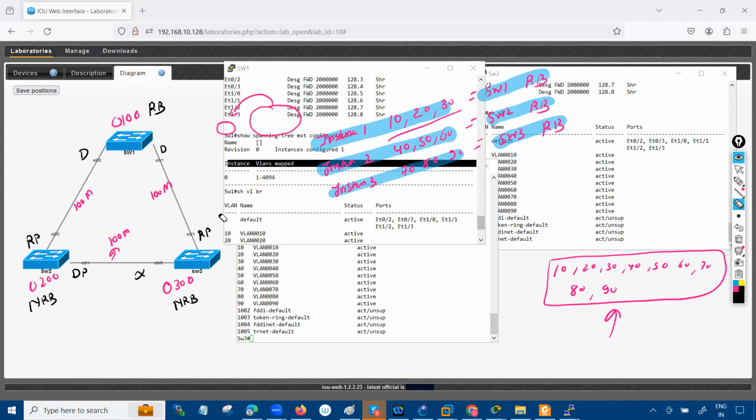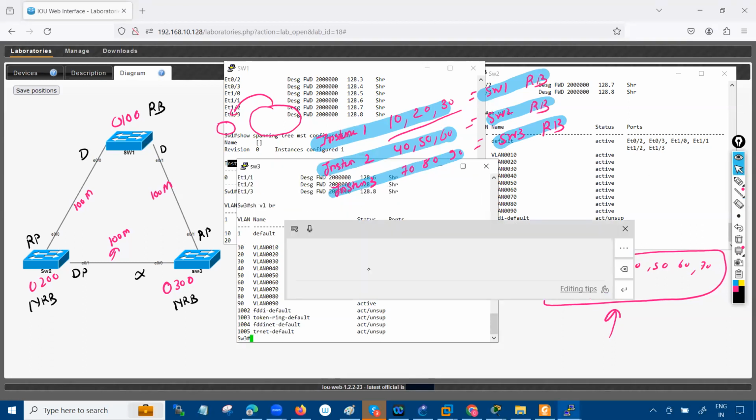For example, 1 to 9, 11 to 19, 21 to 29, 31 to 39, 41 to 49, 51 to 59, 61 to 69, 71 to 79, 81 to 89, and 91 up to 4094 are all mapped to instance number 0. Have a look.